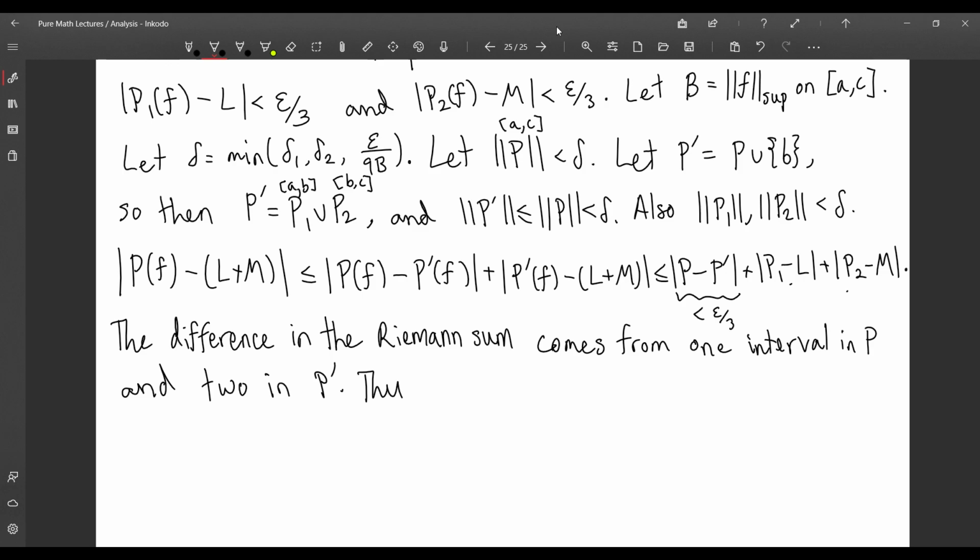Thus, the difference between the 2 Riemann sums here is going to be at most 1 plus 2, right?